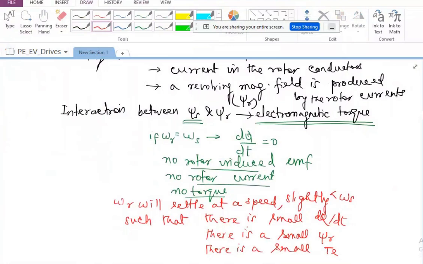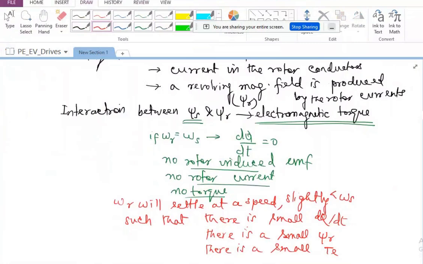If the air gap is larger, it will draw larger current to create a good amount of flux in the stator as well as the rotor. So from that viewpoint, the induction motor cannot be as efficient as the synchronous motor is.